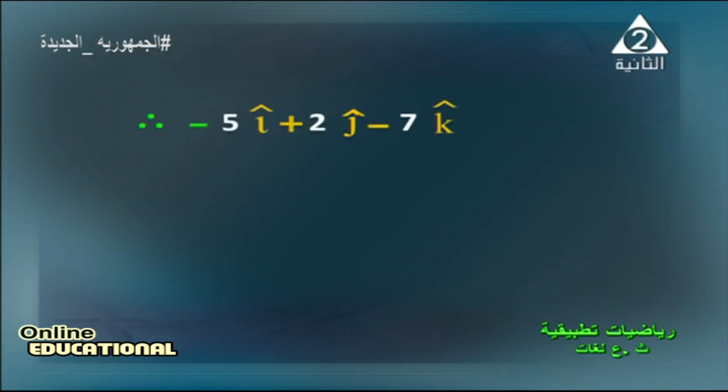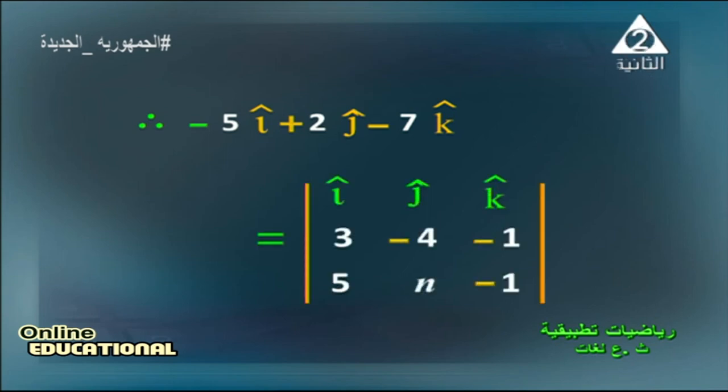Now, by using the determinant, then negative 5i plus 2j minus 7k equals the determinant ijk, 3, negative 4, negative 1, 5, n, and negative 1.